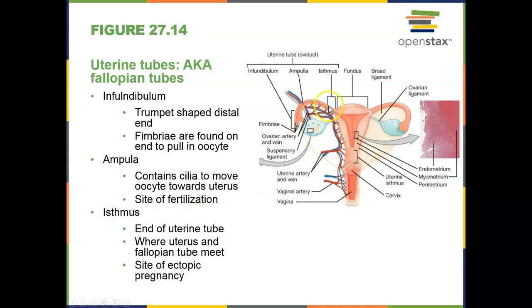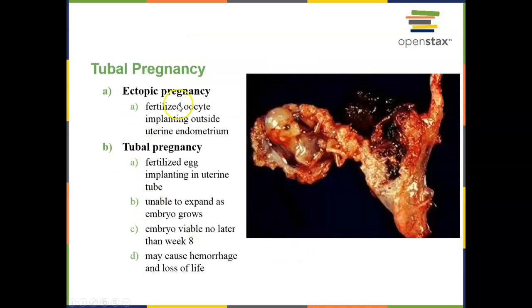The isthmus is actually a site where ectopic pregnancy often occurs. So we'll talk about that as well, and then we'll move into the uterus itself. An ectopic pregnancy is a pregnancy that occurs outside of the uterus. Typically a blastocyst will embed in the endometrial lining of the uterus.